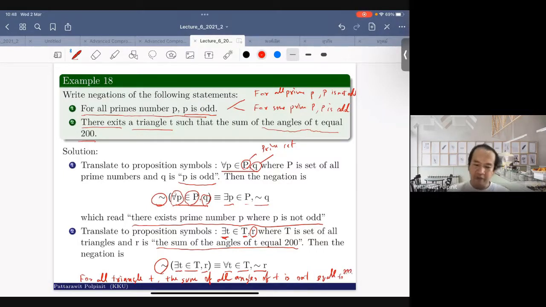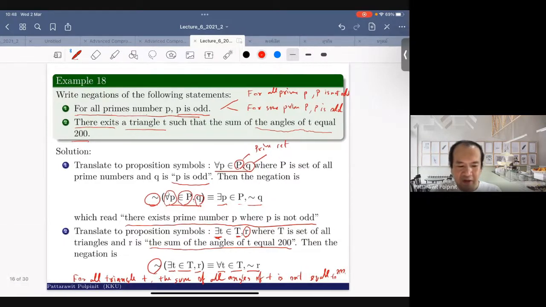Because it is for all triangles T, the sum of the angles of T is not equal to 200, so the opposite. Any questions so far?